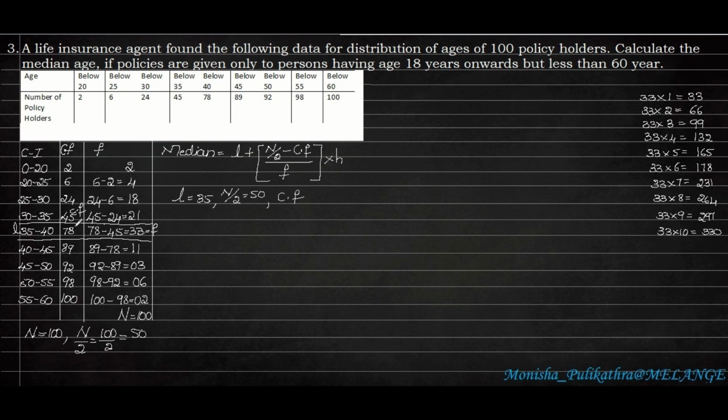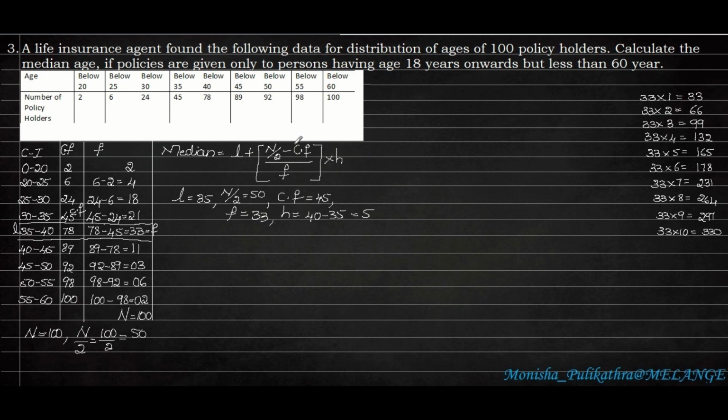Cumulative frequency is the frequency of the row previous to the one we selected, that is 45. And frequency F is 33. And class size H is 40 minus 35, that is 5. Okay. So the range of this class interval is referred to as class size.